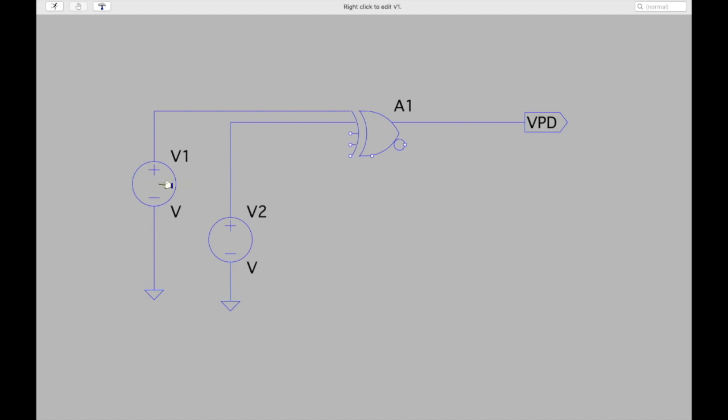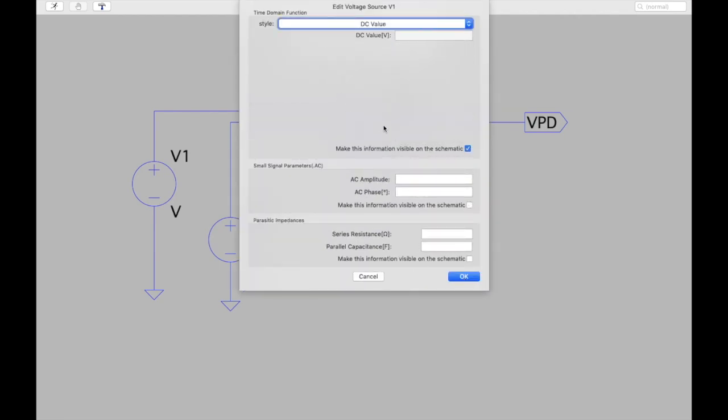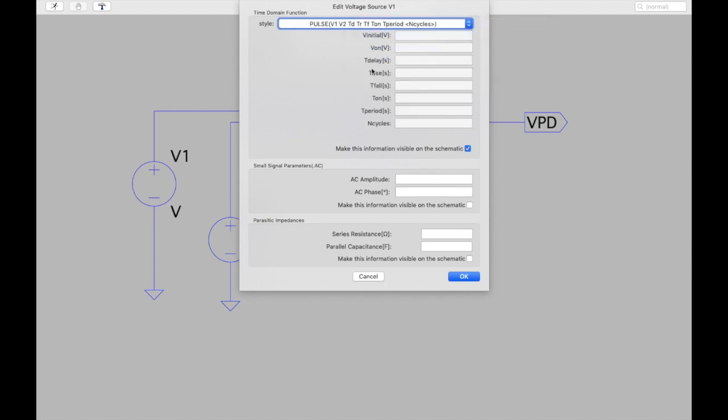So let's edit the properties of this one and make it a voltage source, or I should say a pulse generator. If I go here, I can select different options: pulse generator.